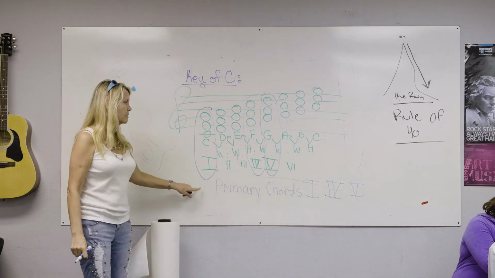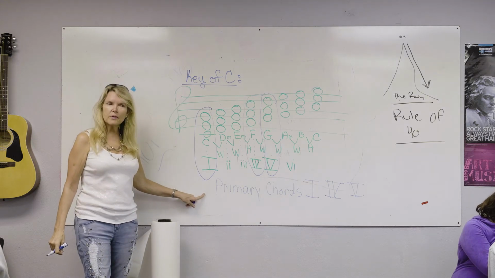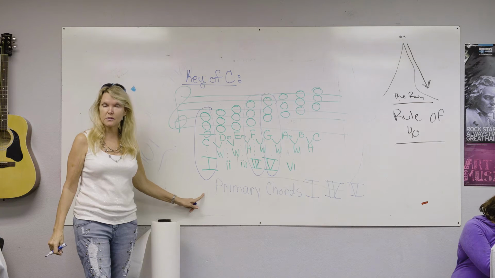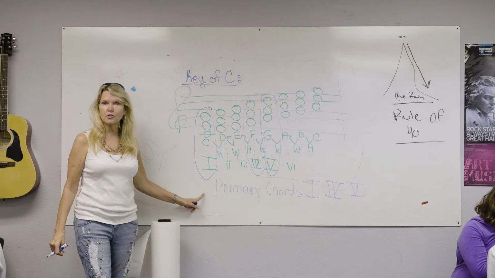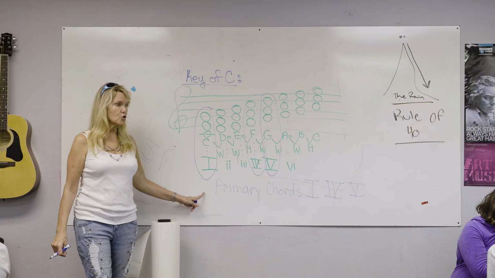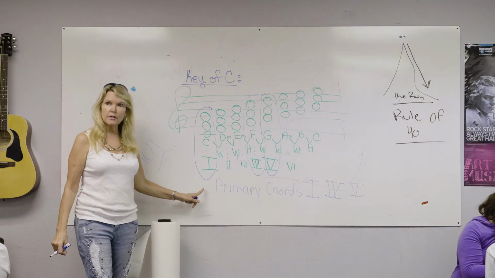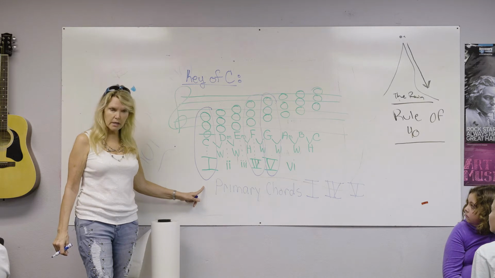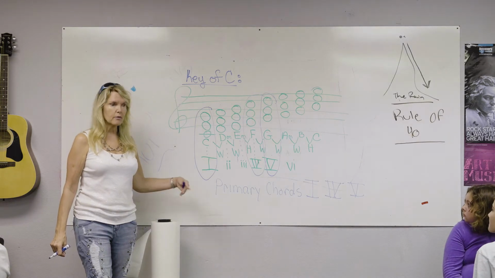This is very important. And you think, well, why are we spending so much time in the key of C? Because you're going to have to transfer this, and this is what advanced placement is all about. You've got to be able to do this in every single key, but I'm going to show you a shortcut. Like those of you that sing and play in church, this is what the chords are based off of, and you just have to know what key you're in, and it's like rolling a dice.